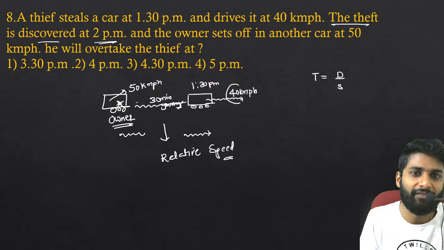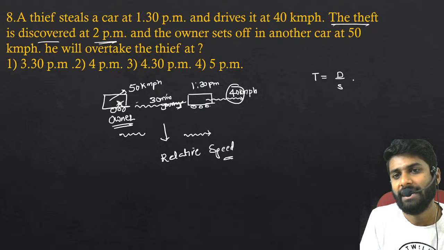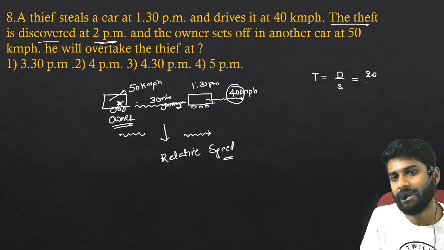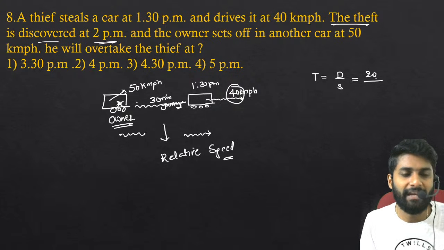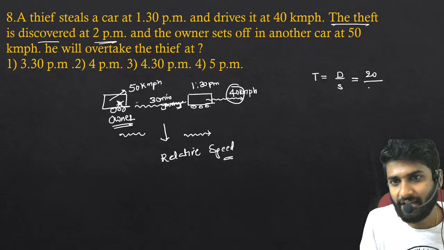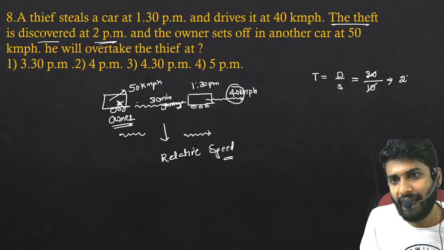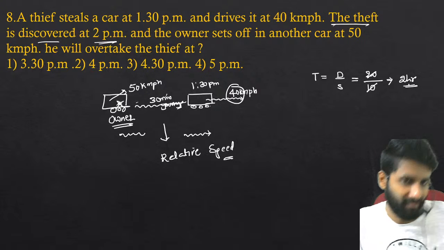Per hour he covered 40 kilometers, so for half an hour he covered only 20 kilometers. Divide 20 kilometers by the relative speed. If both are traveling in the same direction, the relative speed is subtracted. So 50 minus 40 is exactly 10. That means the owner overtakes the thief in exactly 2 hours.